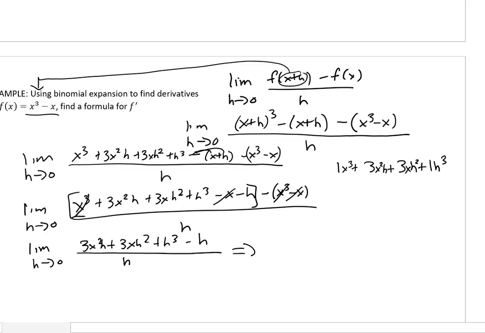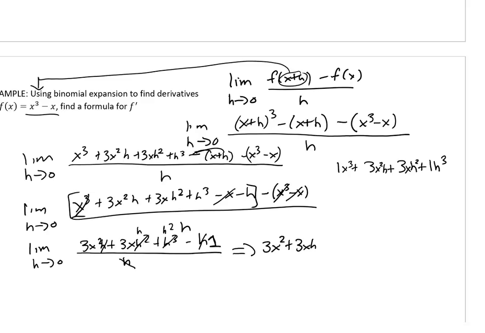And then it's going to cancel this out and make it h squared, and it's going to cancel this out and make it just h. So I would have 3x squared plus 3xh plus h squared minus 1.